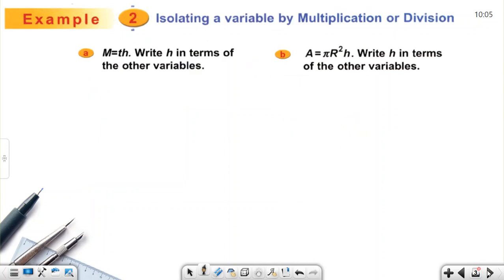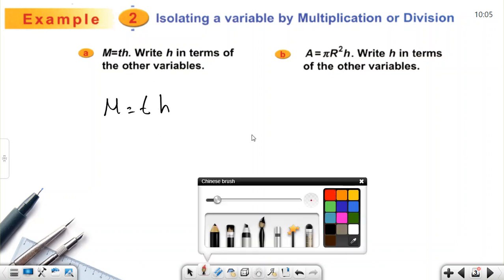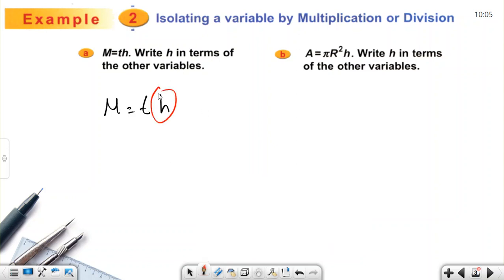Next. There is a rule M equals T times H. Write H in terms of the other variables. So M equals T multiplied by H. There is no sign between T and H, we read it as T times H. I want to write H using the other terms, and I don't want this T here.